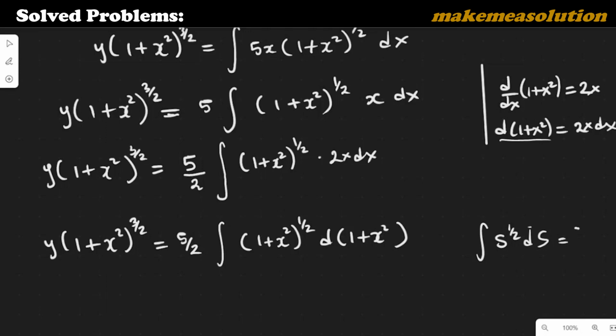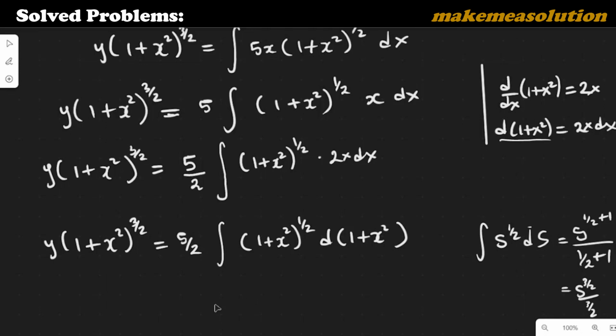It will be something raised to the power of 1 over 2 plus 1, over 1 over 2 plus 1. So which gives me something raised to the power of 3 over 2 over 3 over 2, like that. Is that okay?